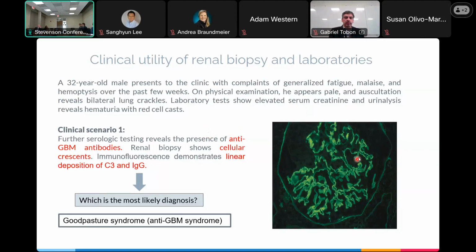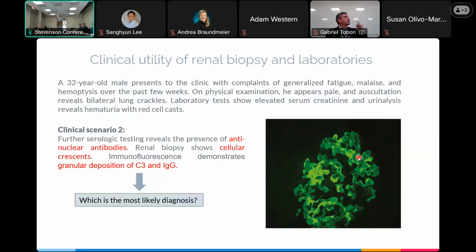But we have the same case with a different serological marker, anti-nuclear antibody. The renal biopsy shows a different finding, granular deposition. So which is the most likely diagnosis?